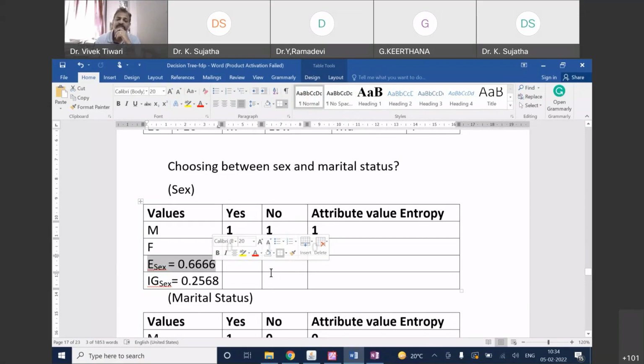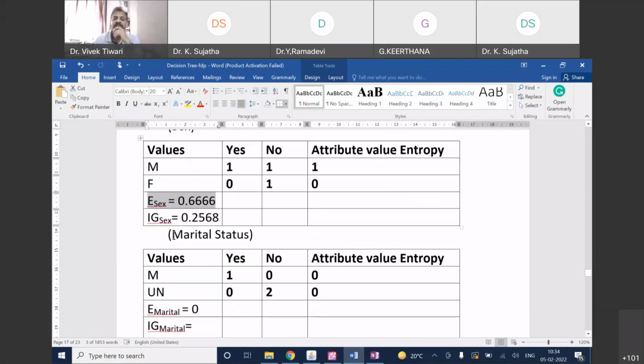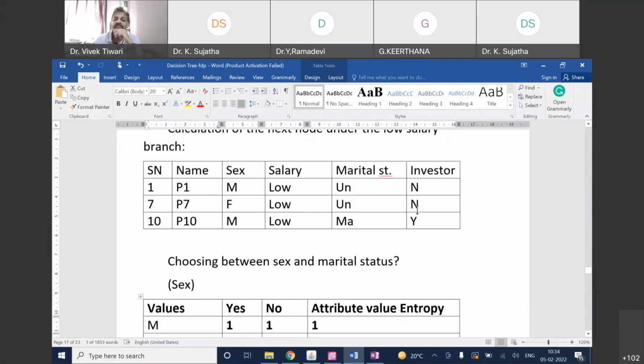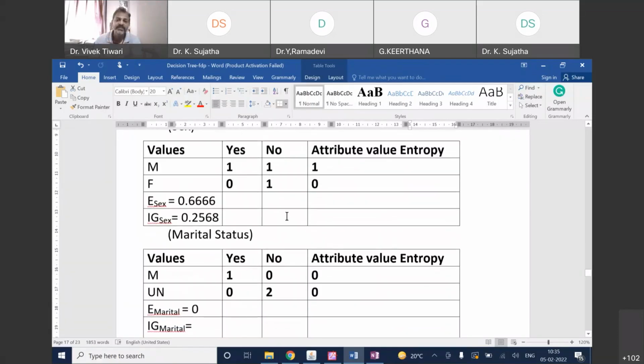For the information gain, we subtract it from the class entropy, so we have to recalculate the entropy of the class label. The older entropy of the class label, you should not consider it. I forgot to mention that over here. Please keep it in mind.